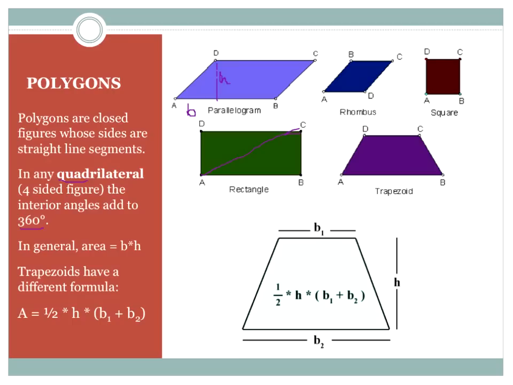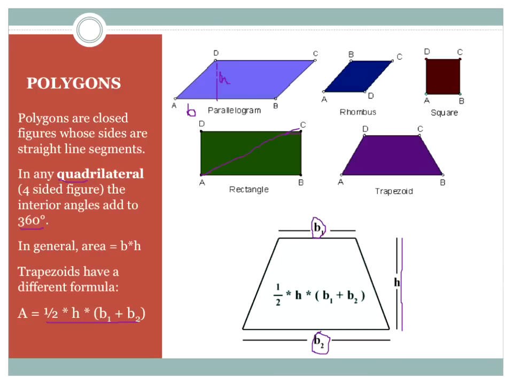Now, the one quadrilateral that follows a slightly different formula is a trapezoid. Okay, so a trapezoid has this kind of different looking thing, but I'm going to show you it is still base times height. We can see the height of our trapezoid given here. But we have two bases, and those bases have different measurements. We can call that B1 and B2.